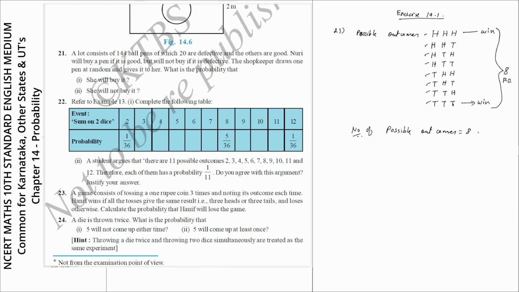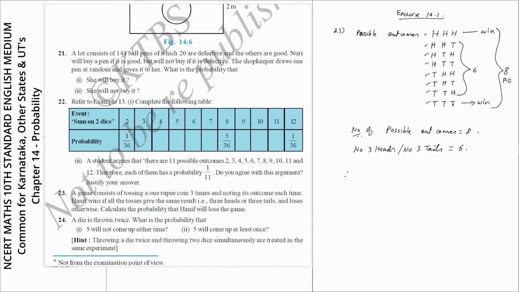Then in how many outcomes are there no 3 heads and no 3 tails? Here you can see there are 6 such outcomes. So there are 6 outcomes.